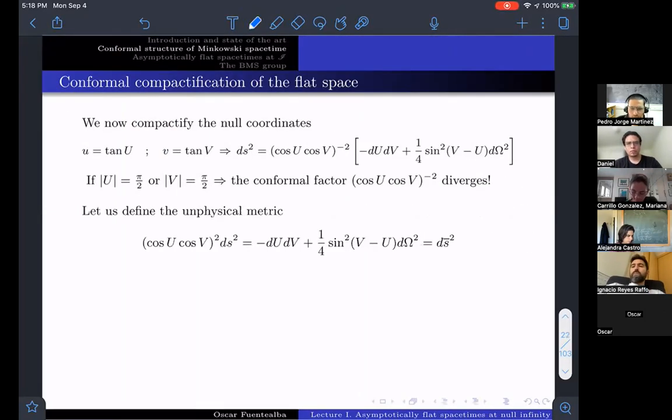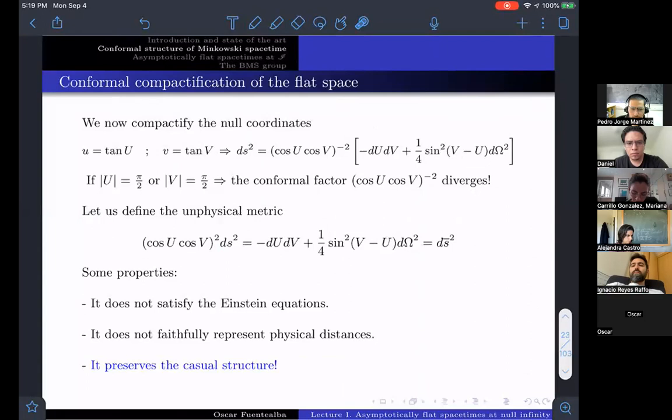So now we are going to define what is inside of the square brackets, something that we call the physical metric. And this physical metric is really important. We obtain this by multiplying the line element by the inverse of the conformal factor squared. Some properties of this physical metric: it does not satisfy the Einstein equations, obviously, because it's conformally related to the first one, that was Minkowski spacetime.